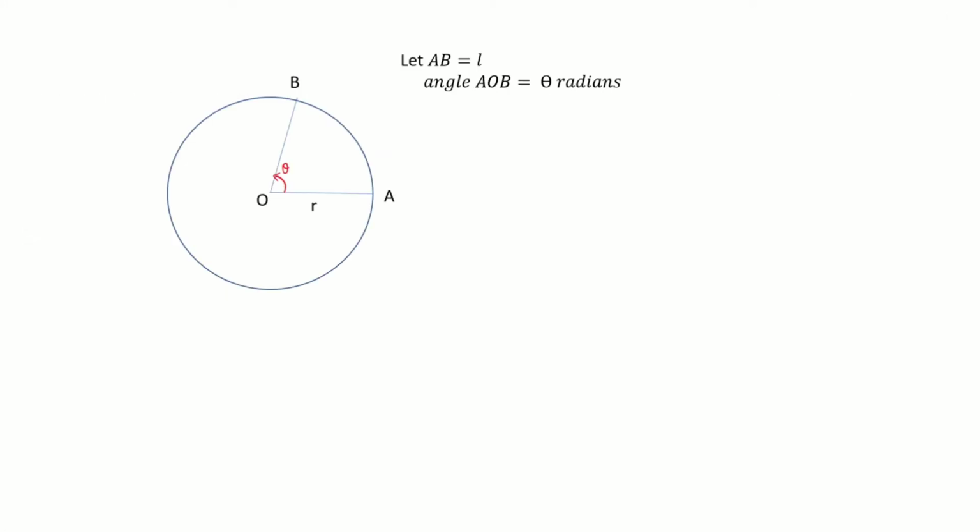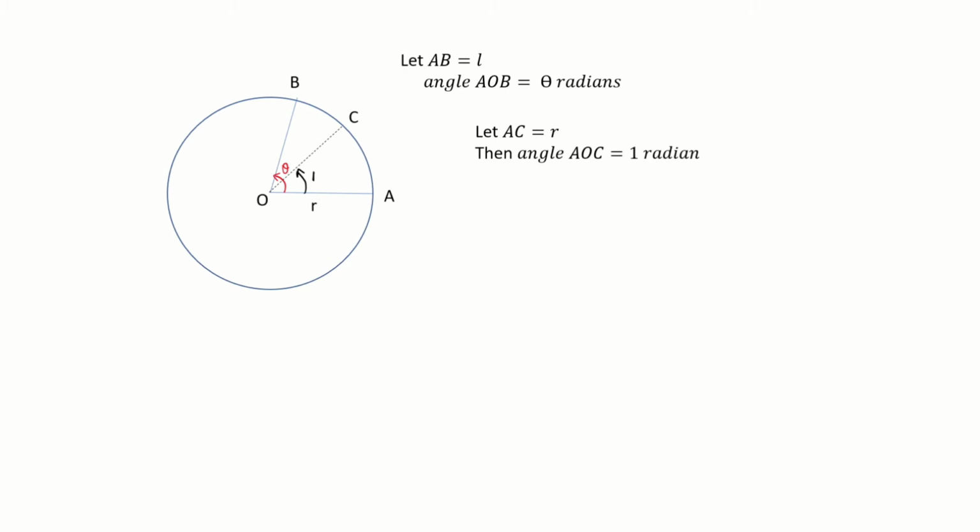Consider a circle of radius r. Let AB be the arc of length L units. Let theta be the angle subtended by the arc AB to the center of this circle. Consider another arc AC of length r units. Then, by the definition of radian, we have the angle AOC is equal to 1 radian.